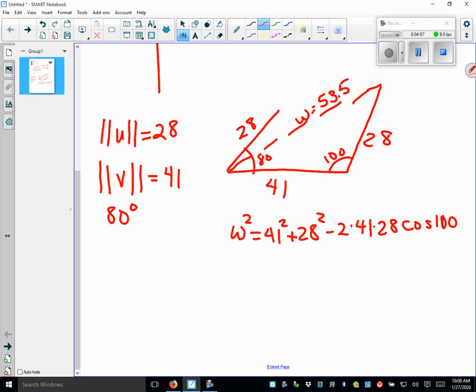The direction. Which is that? Between, so I call it theta. Sine theta over 41 equals sine of 100 over 53.5.